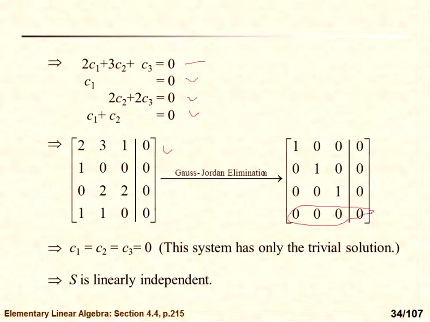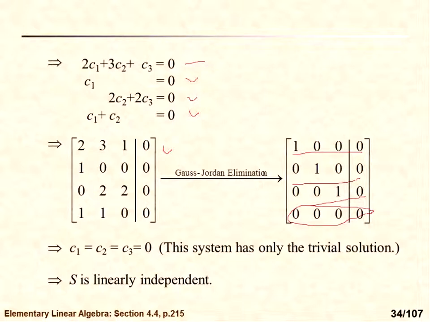So here again we see the trivial solution. In the system, the values of all are 0, and a whole row is 0. How many constants do we have? C1, C2, C3.